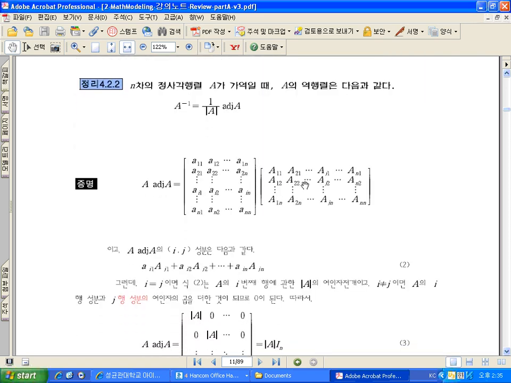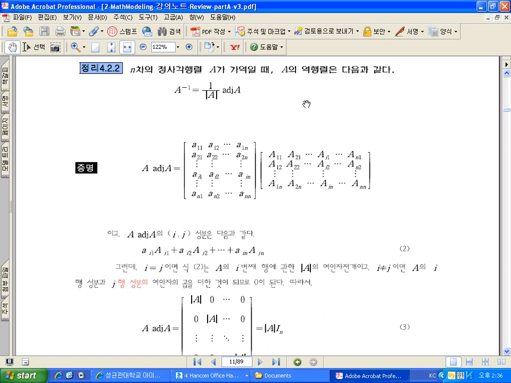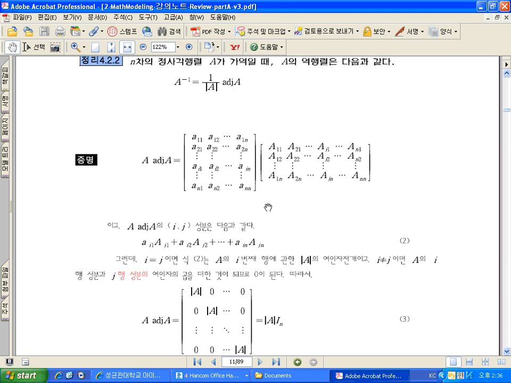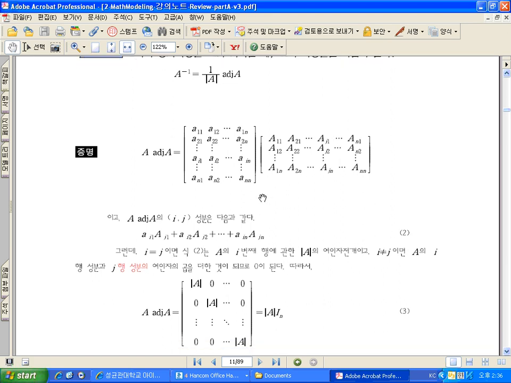Here is the rigorous proof on the inverse of the square matrix A. A inverse is the product of 1 over the determinant of A times the adjoint of A. This can be obtained from this relationship.